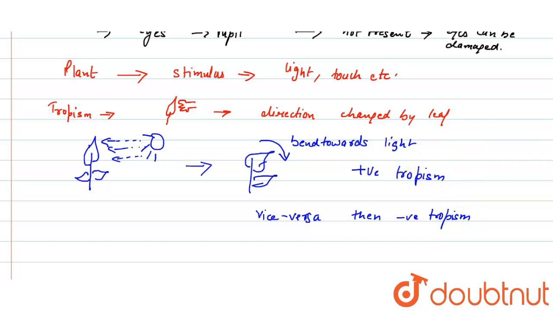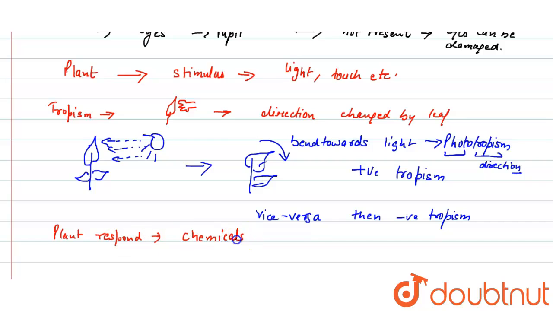And when it is responding toward the light, one term is called as phototropism. Photo means light, tropism means direction due to external stimulus. If plant respond to certain chemicals, then it is called as chemotropism.